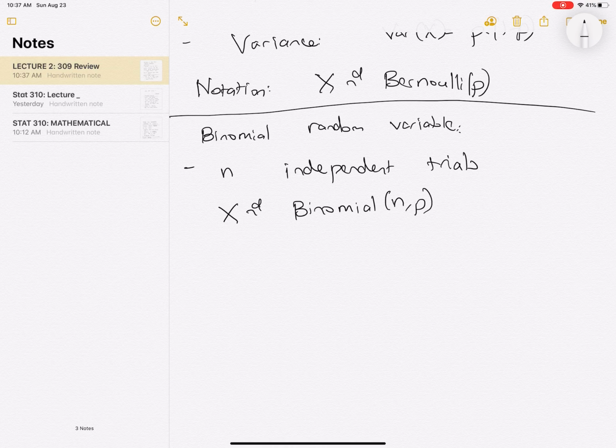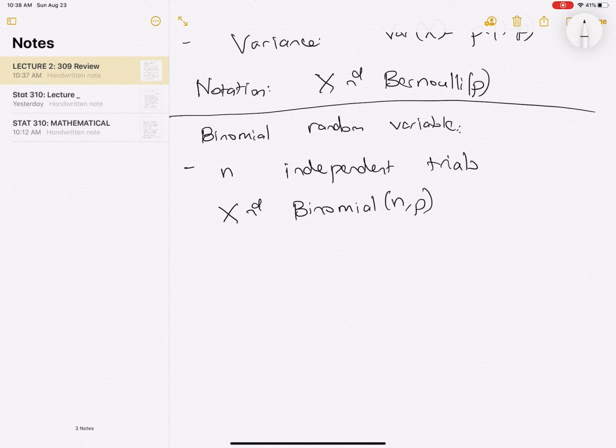We could have actually modeled the voting scenario where you have a sample of 100 people as a binomial with n equals 100. We ended up just using the central limit theorem before, but we could certainly use a binomial distribution to model that. As I mentioned, you could also imagine that if you have a 16-game season and you want to see how many wins you have, that could be binomial(16, p).